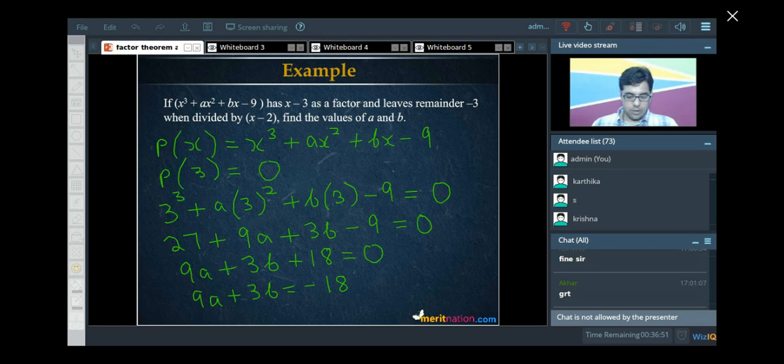And then we can solve this. It is coming out to be 9a plus 3b, and then plus 27 minus 9, that would be plus 18 equals 0.